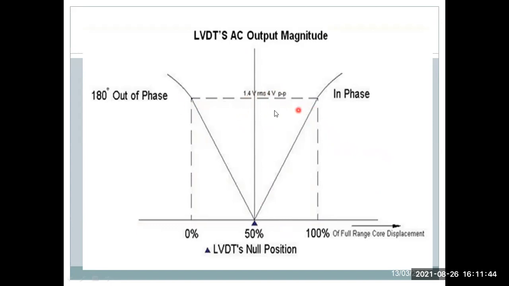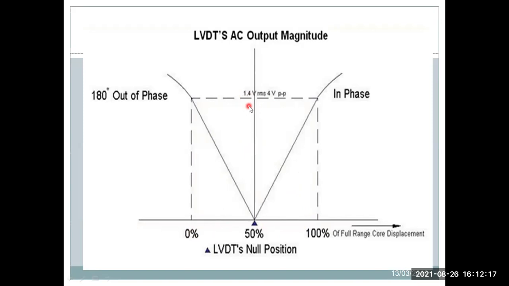This is the linearity. The LVDT AC output magnitude means some voltage is given over here, and generally the working position is 1.4 volt. This is 100%, and the displacement is generally 16 to 18 millimeter, but our working range we are applying is 10 millimeter, means 5 millimeter on this side and 5 millimeter on this side.